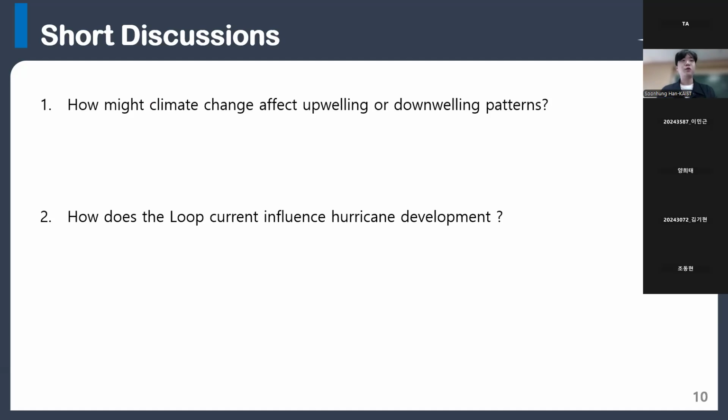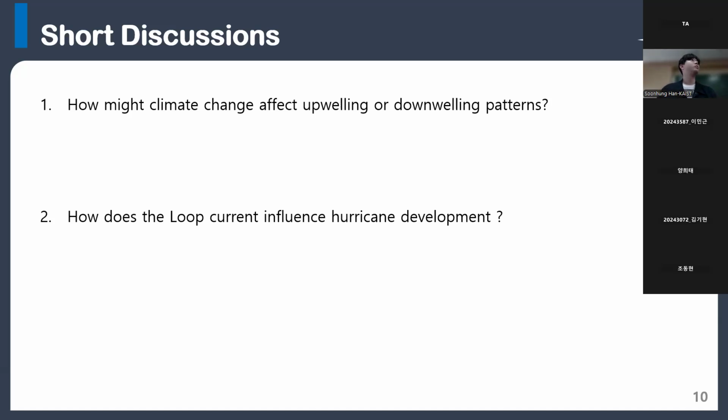There are short discussions. This one is how might climate change affect upwelling or downwelling patterns? Also, upwelling and downwelling can be caused by warm and cold water. For example, the Gulf Stream in the Atlantic Ocean is a current that is upwelling near the Gulf of Mexico and goes through Europe, and the northern hemisphere will become downwelling currents.